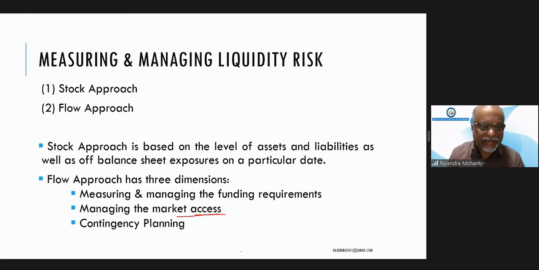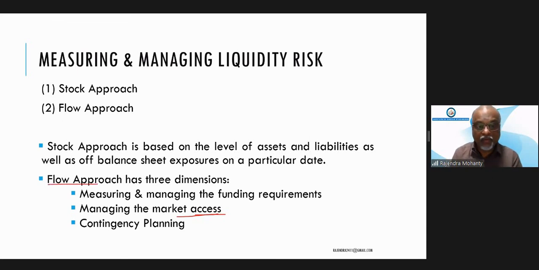So that method of maintaining this is called a contingency plan. Means you have some liquid assets available with you. You can easily dispose of liquid assets to get the fund which is required. So these are the things to be done in the flow approach.